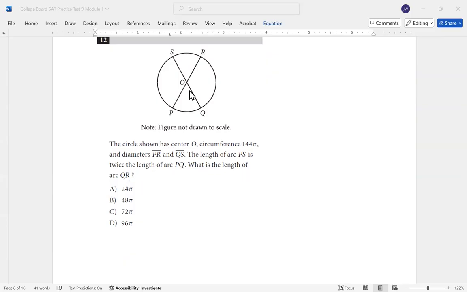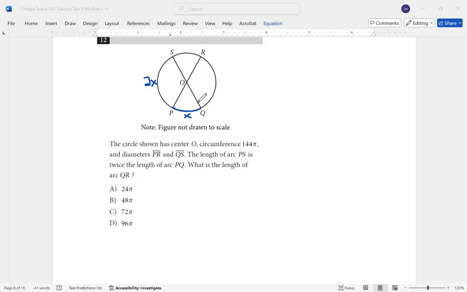Since these two lines are diameters, they're going to split the circle up into halves each way. And what we're saying here, with the length of PS being twice the length of PQ, if I call the arc length from P to Q X, then from P to S, that's going to be 2X.